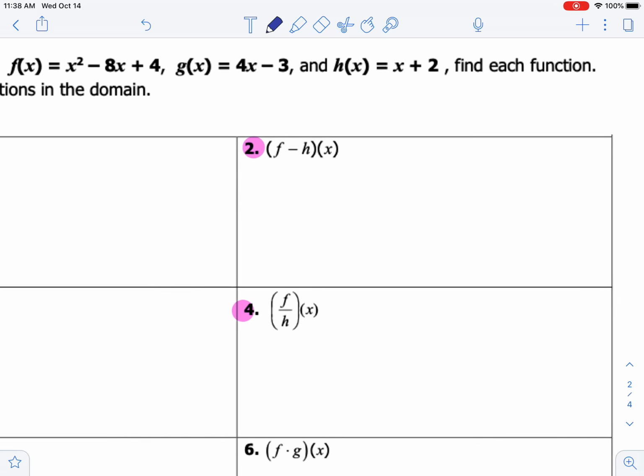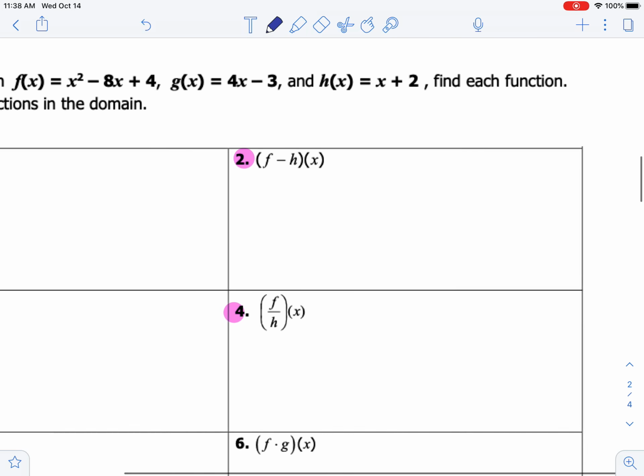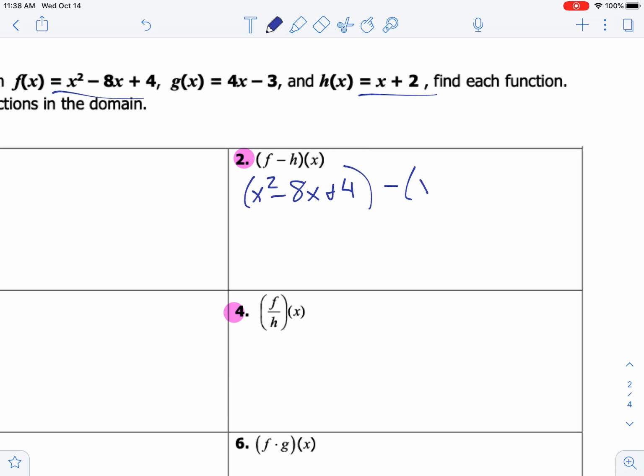So number 2, I am only looking at the f and the h function. So this one and this one. And I am going to subtract them. So I'm going to write down in parentheses the f function and subtract the h function, okay?